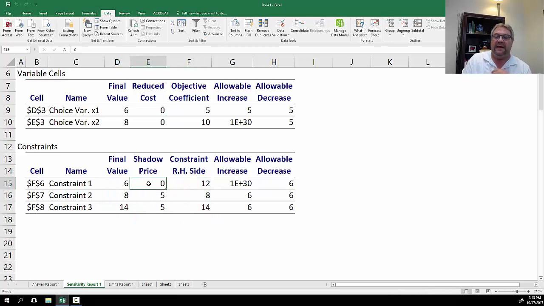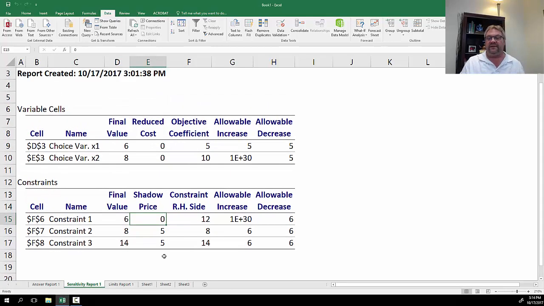All right? Now, what's this shadow price? Well, let me explain the shadow price first. The shadow price tells me that if I were to increase this constraint by 1 unit, nothing would happen to my profit itself, right? Because the shadow price is 0.